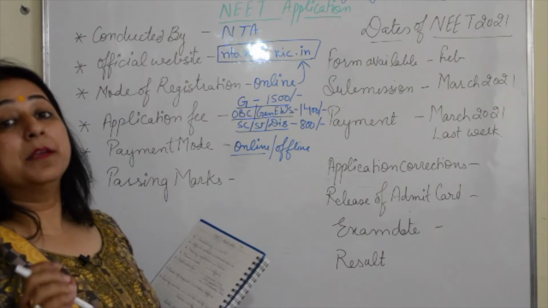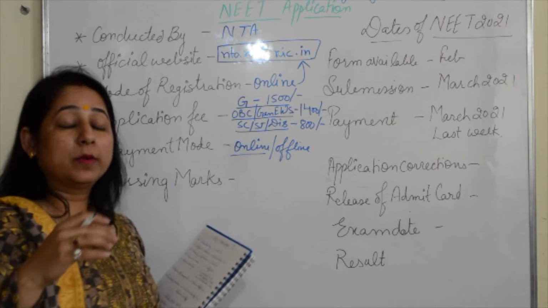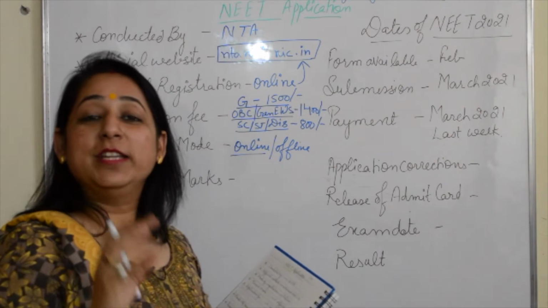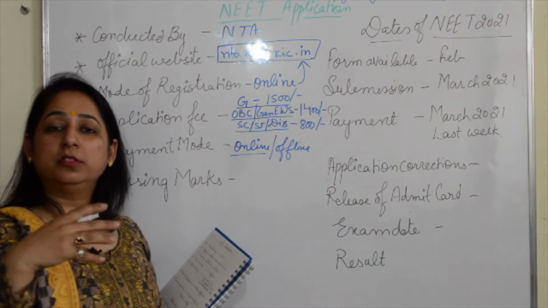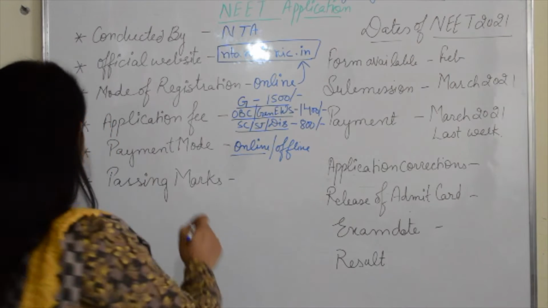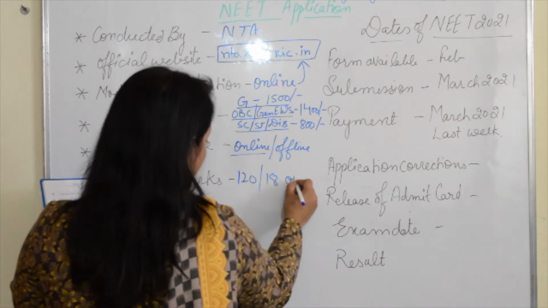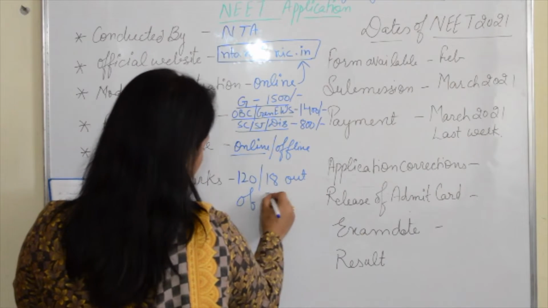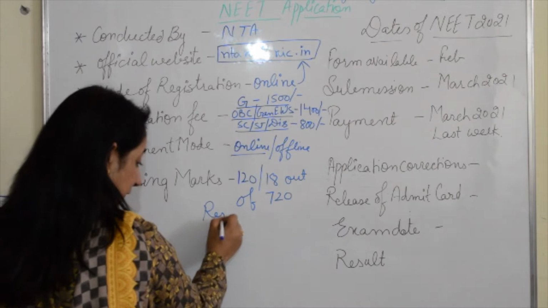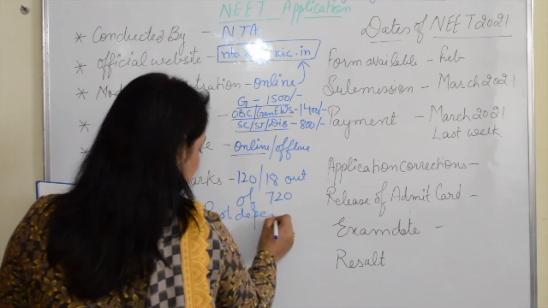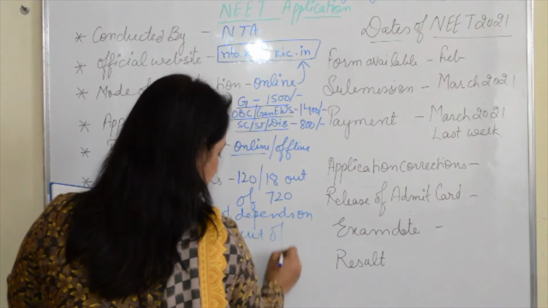What are the passing marks? What are the marks you need to get in NEET, so that you know that you have cleared or qualified? So the marks are 120 to 180 out of a total of 720 marks, and the rest, very important, depends on the cut-off list.